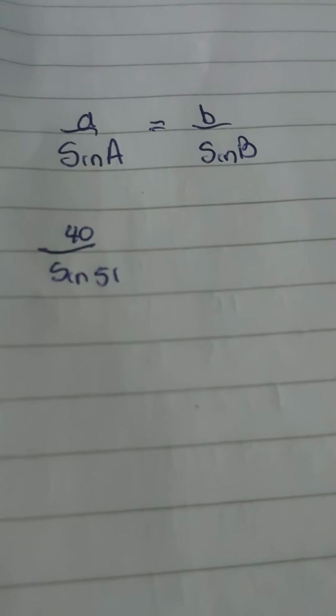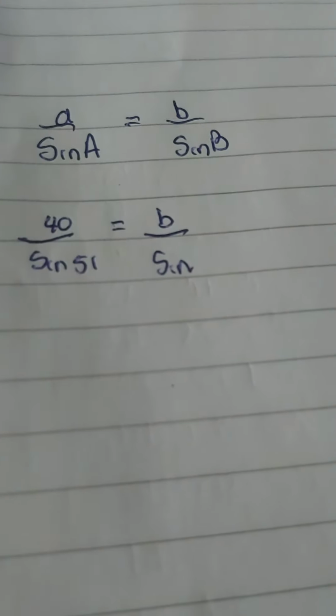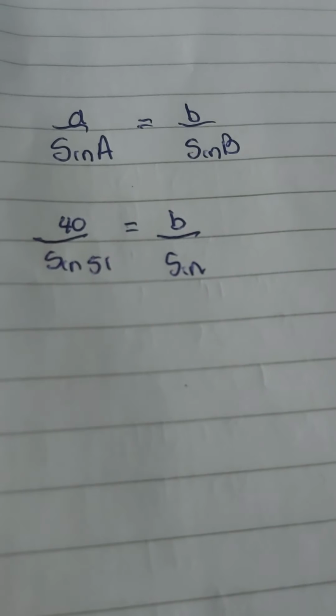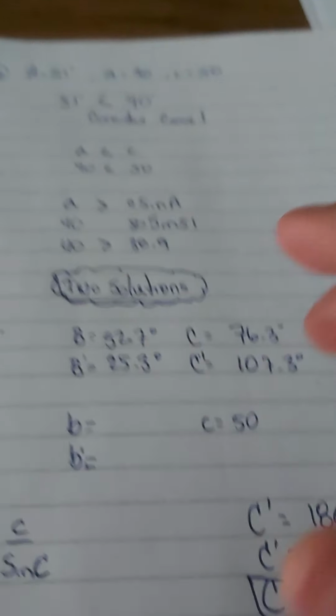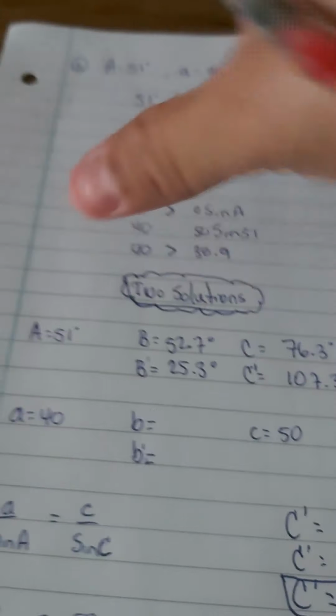I'm going to use A over sine of A equals B over sine of B. So that is 40 over sine of 51 equals B over sine of angle B, which was 52.7.